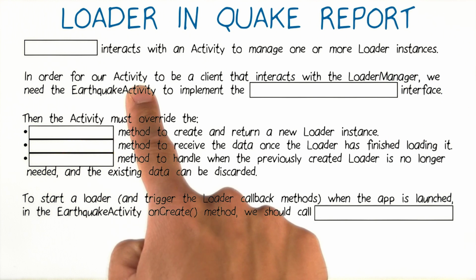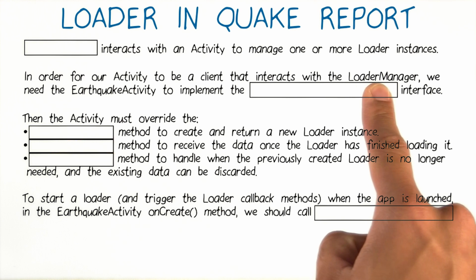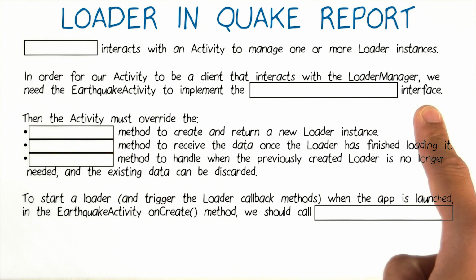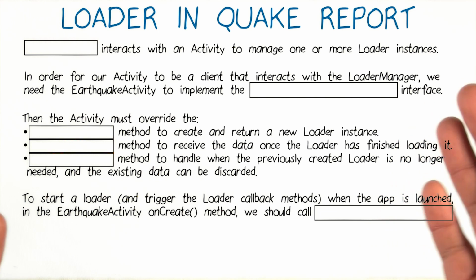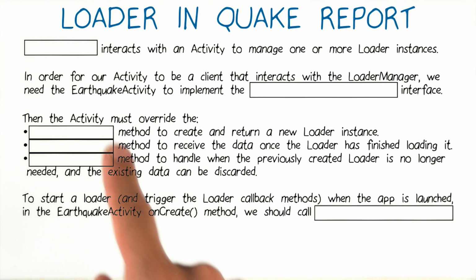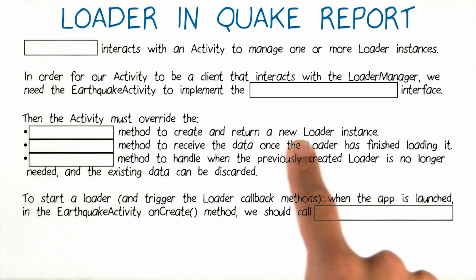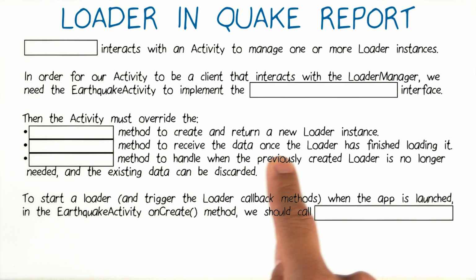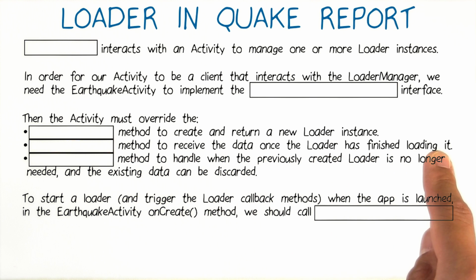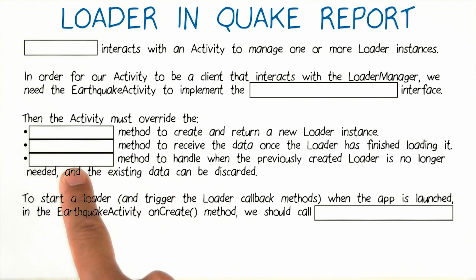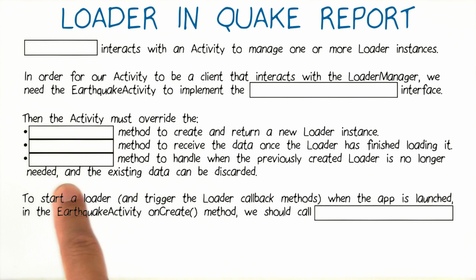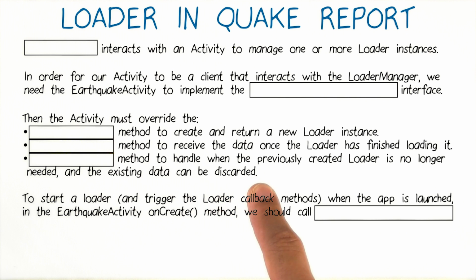In order for an activity to be a client that interacts with the loader manager, we need the earthquake activity to implement the blank interface. Then, the activity must override the blank method to create and return a new loader instance, the blank method to receive the data once the loader has finished loading it, and lastly, the blank method to handle when the previously created loader is no longer needed and the existing data can be discarded.